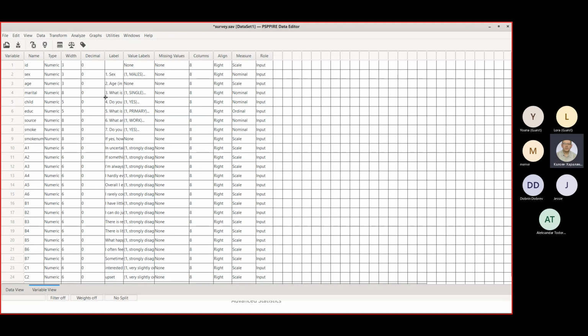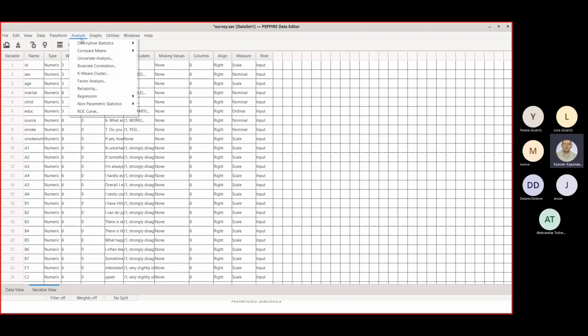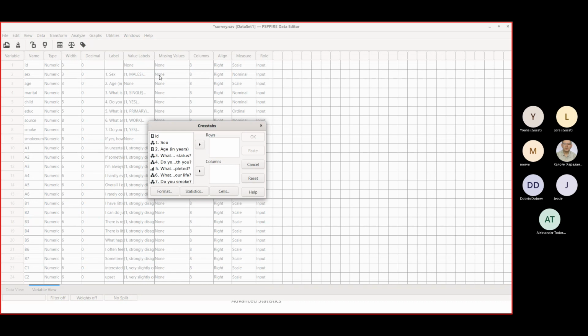So after that I will press Analyze. After that, again Descriptive Statistics, but now Crosstabs. Here we have 2 fields, rows and columns. It doesn't matter where we will move independent and where we will move dependent variable, but usually we move dependent variable in the row.